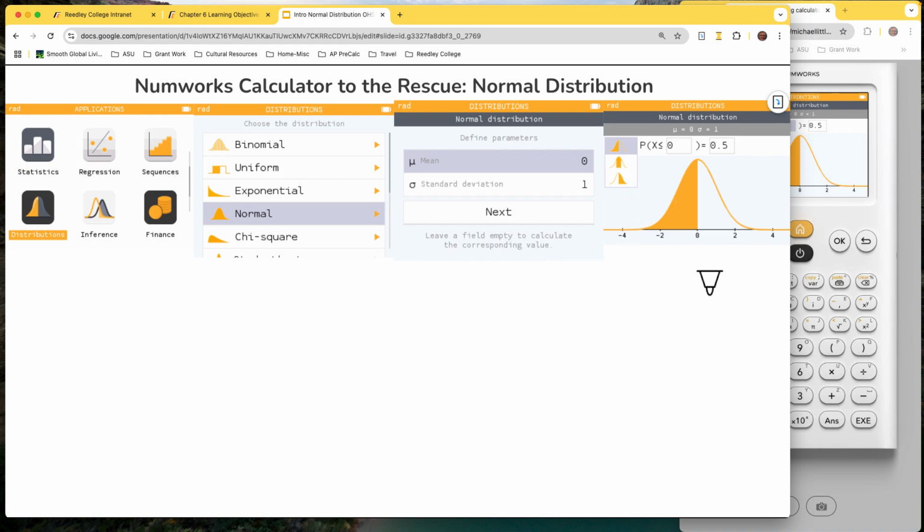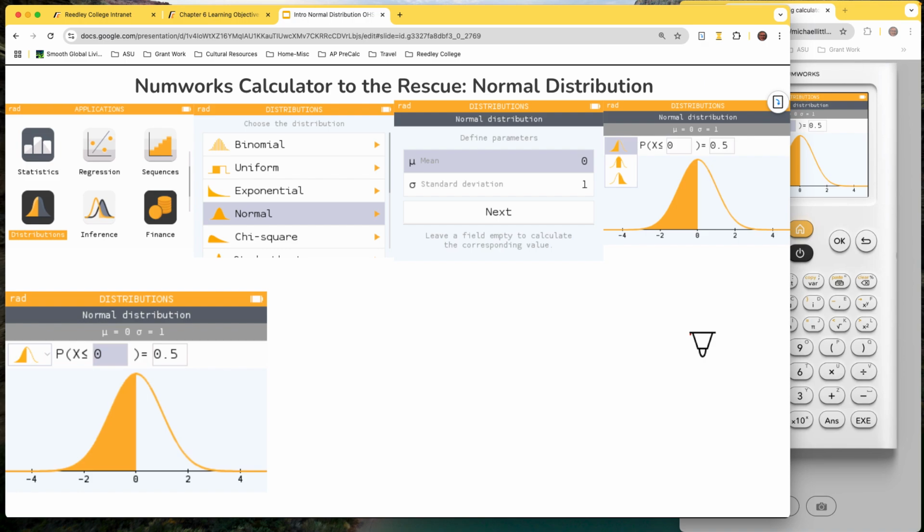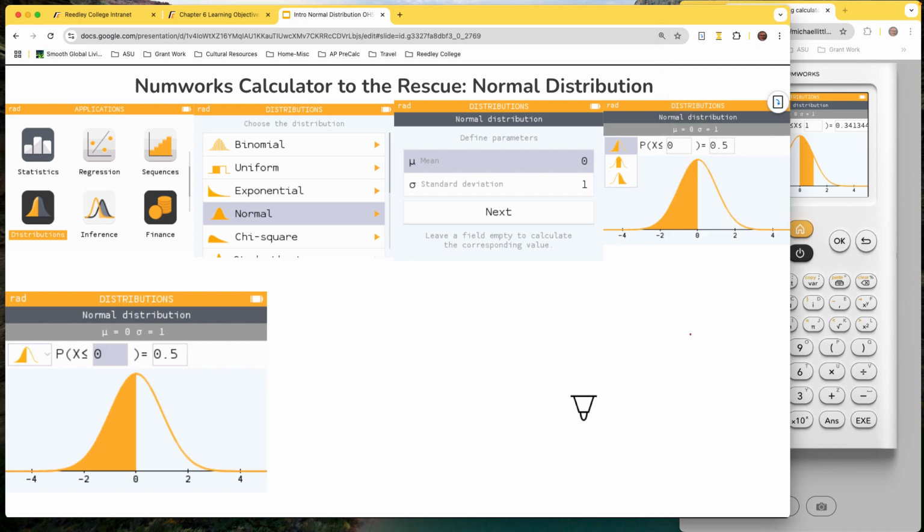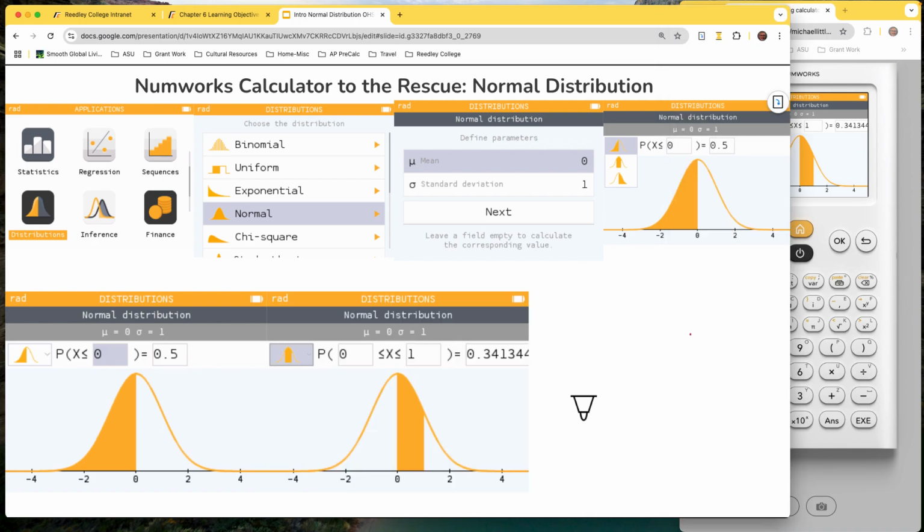The middle one, okay, so this is the bigger picture, right? The middle one, we arrow back over here, we hit down, we can get to the middle one, and what is that going to give us? It's going to give us the area of what?